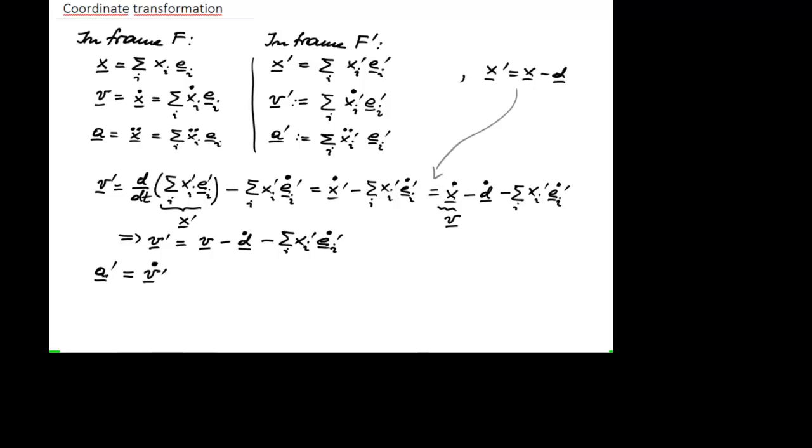By product rule, we get a second order derivative of the coordinates xi prime. That's what we want. But then possibly the basis of my colleague is time dependent, and therefore we get also a time dependent basis vector. And we have to subtract that. So we have minus the sum over i of xi prime dot ei prime dot.